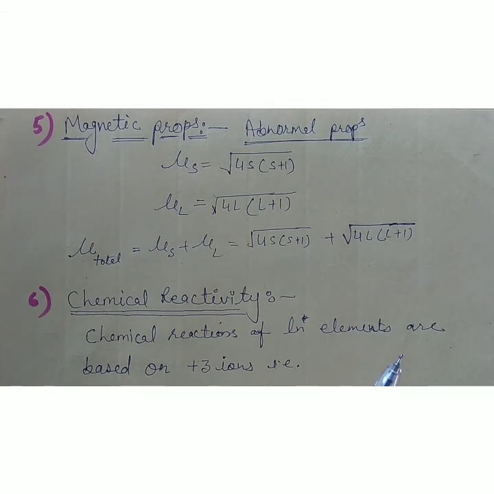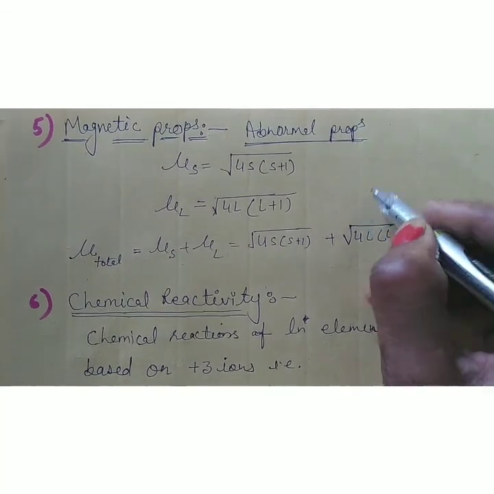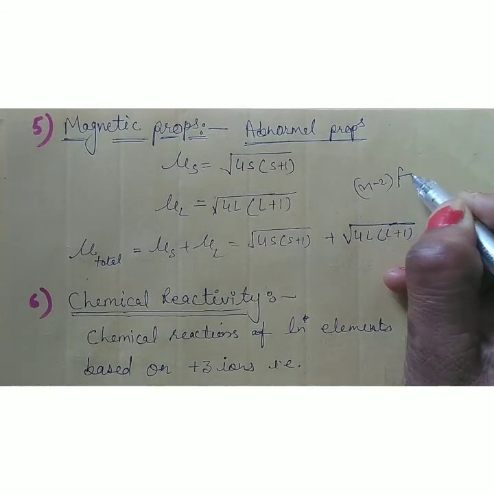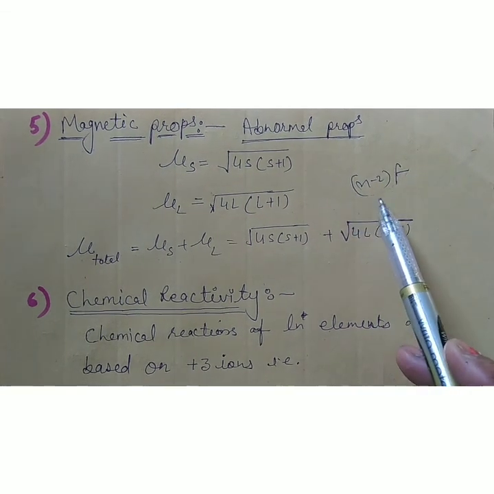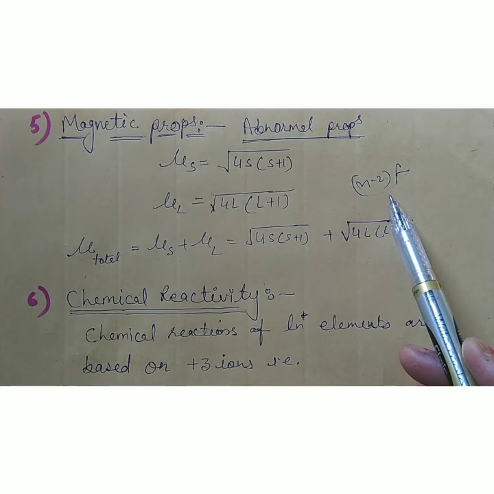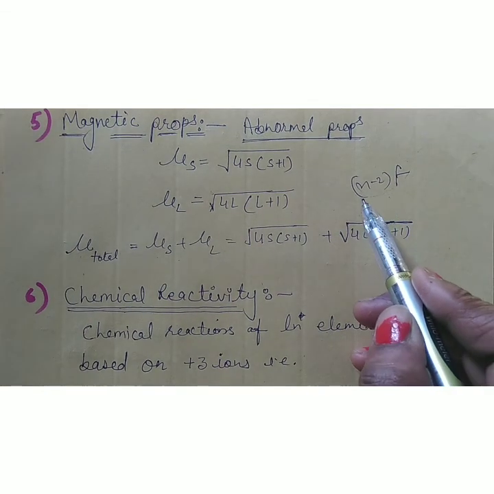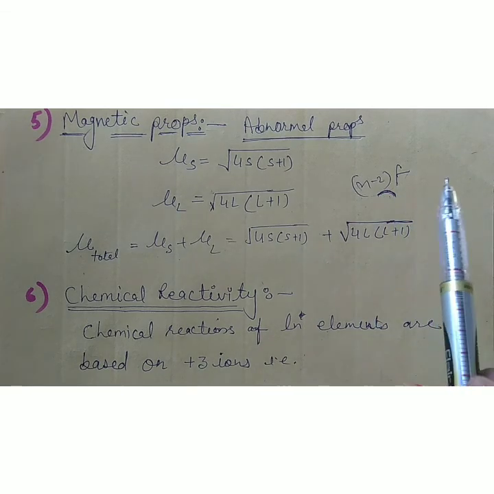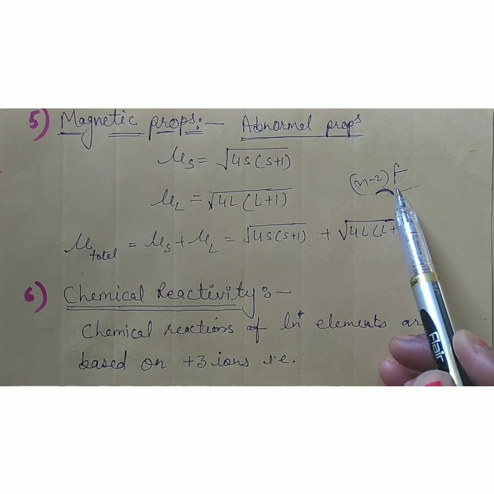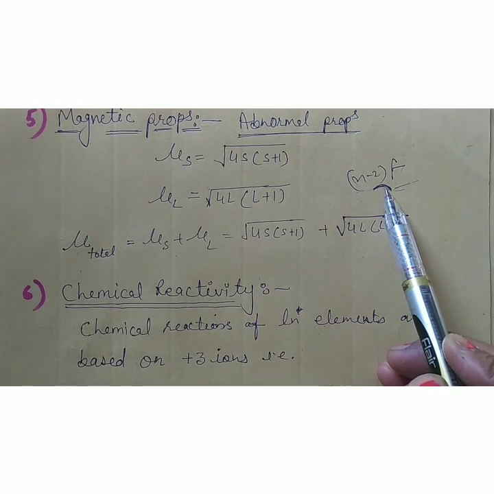Lanthanides and actinides both show abnormal magnetic properties. Why? Because in these elements (n-2)f electrons are filled, and these electrons are not in contact with the atmosphere. As we know, the outermost electrons produce the magnetic field, and atmospheric factors destroy the magnetic moment to some extent.